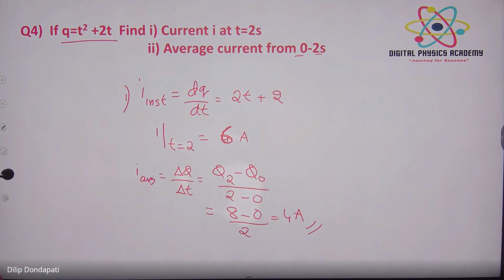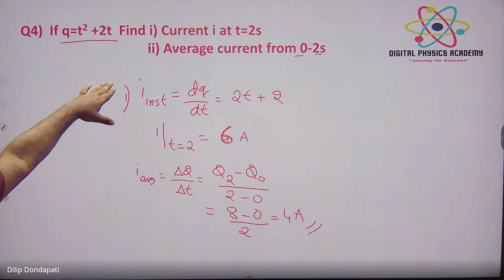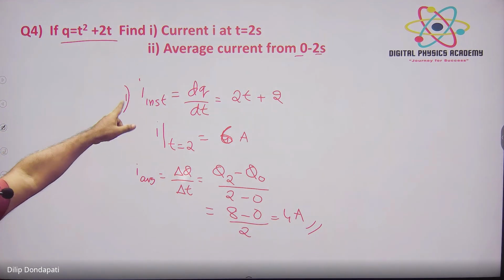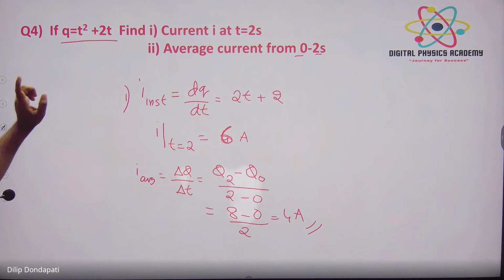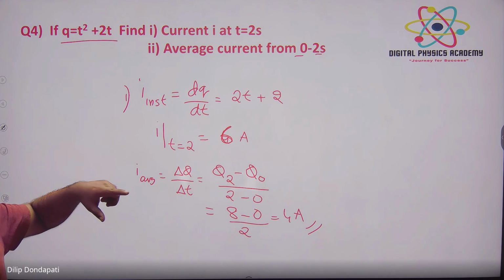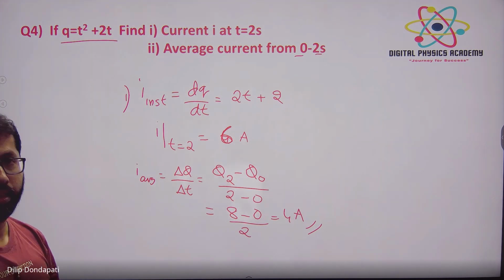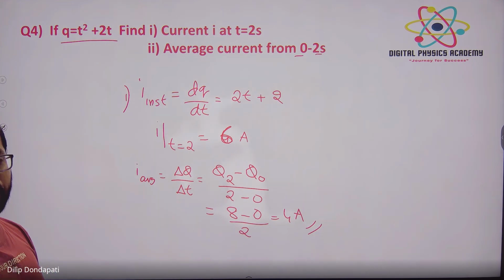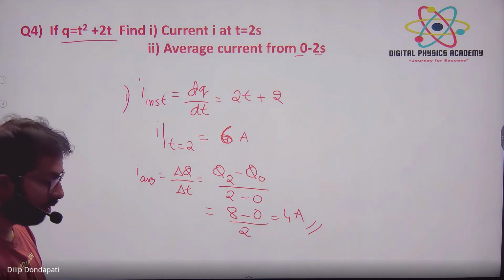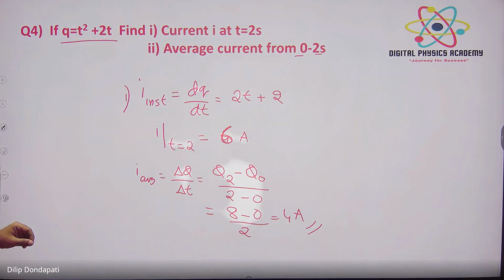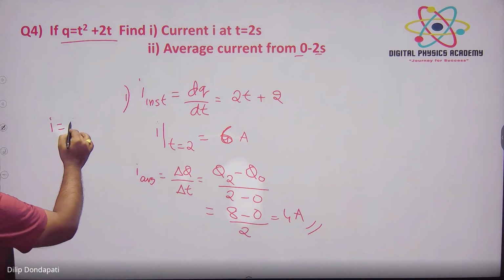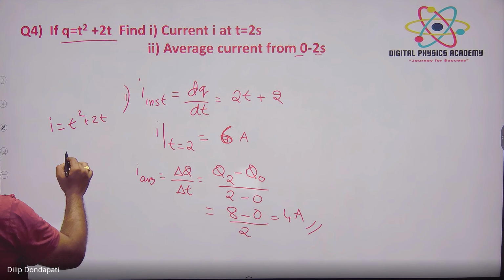Now charge in terms of time was given, and you found current by directly differentiating. But if current is given in terms of time and I'm asked to find charge, how do you find it? Integrate. Suppose I is given like this: I is equal to t square plus 2t, and I want charge.